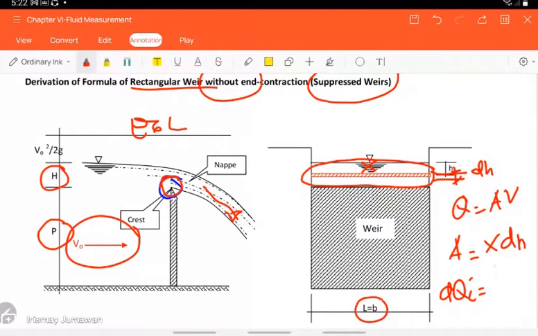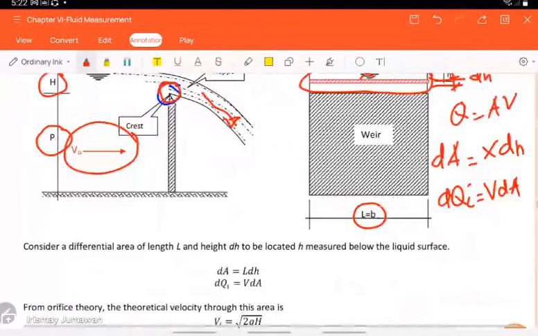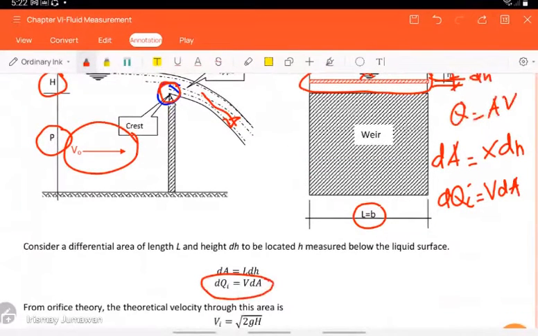So your area here is the differential area for that strip of your fluid in the channel. So from that, this will be equal to the velocity times the area. Okay, this is the formula.